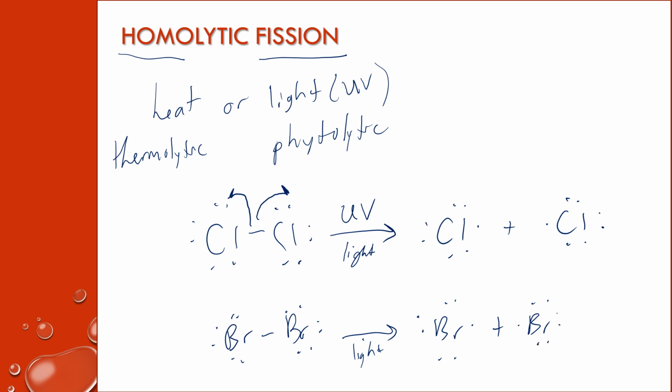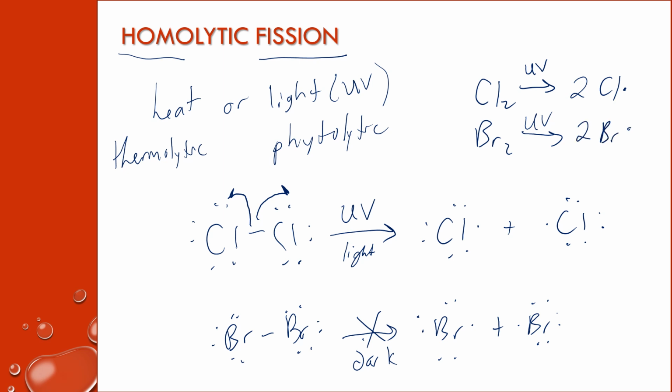You'll have this orangey brown color, and then it will typically turn colorless. But if you change it to dark conditions, you would still see that brownish orange color because no reaction would happen. Another way that you can write this out as a chemical equation, instead of drawing the Lewis structures, is Cl2 in UV or light forming 2 chlorine radicals, or Br2 in UV forming 2 bromine radicals.